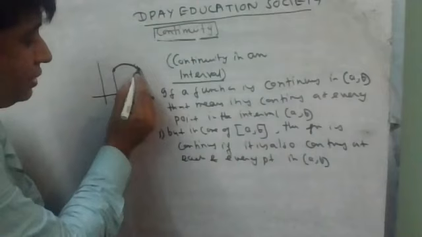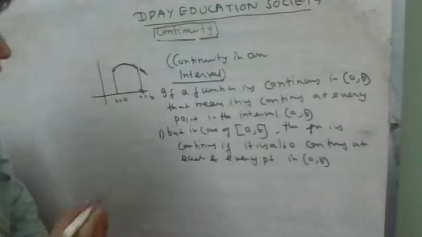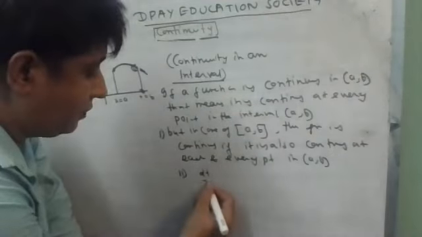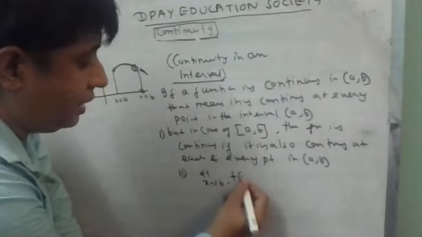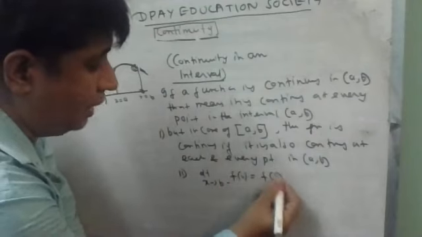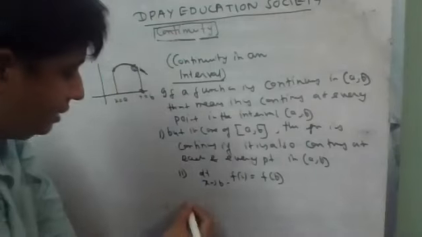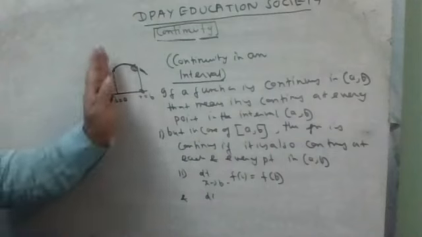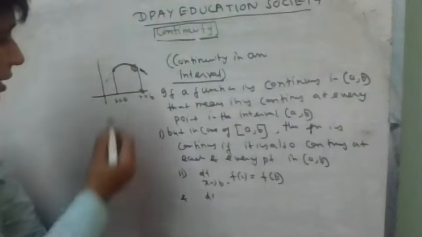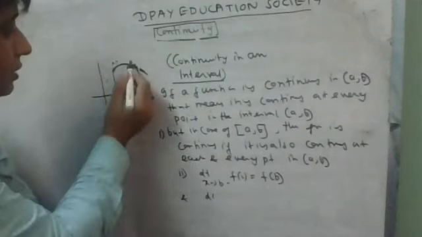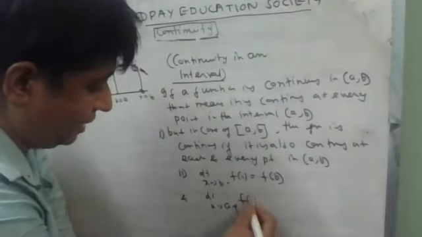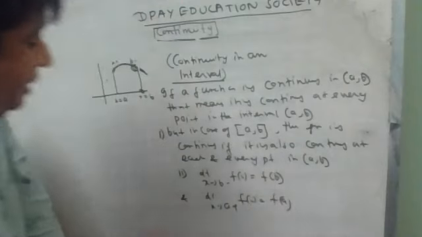At this end point there is no right hand limit, only the left hand limit is required. So limit as x tends to b minus of f(x) is equal to f(b). And at this point there is no left hand limit, only the right hand limit: limit as x tends to a plus of f(x) is equal to f(a).